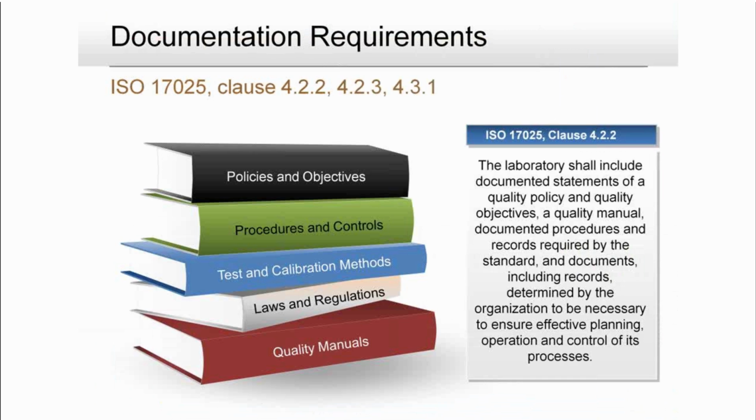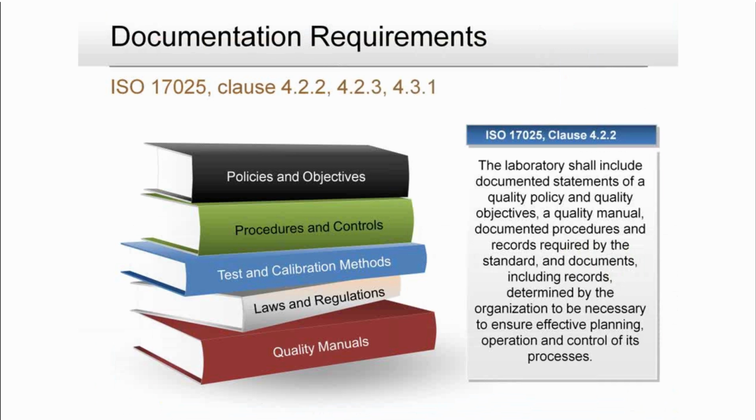The laboratory shall include documented systems of a quality policy and quality objectives, a quality manual, documented procedures and records required by the standard, and documents, including records determined by the organization to be necessary to ensure effective planning, operation, and control of its processes.